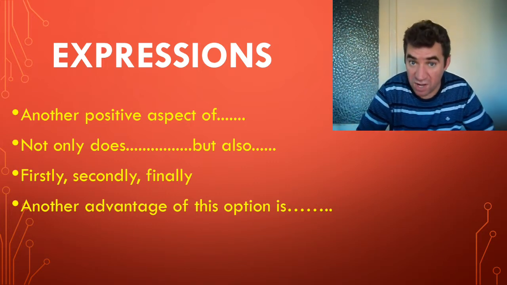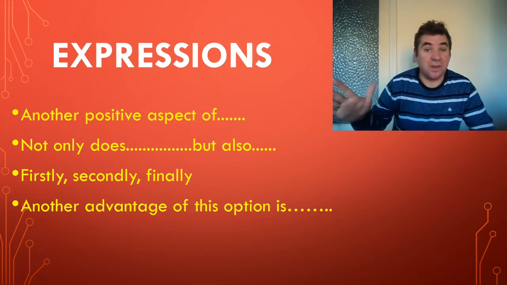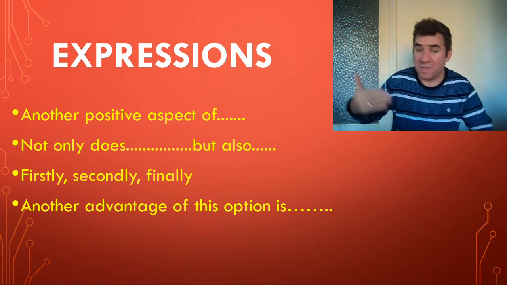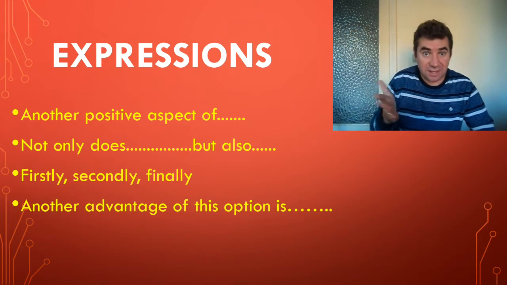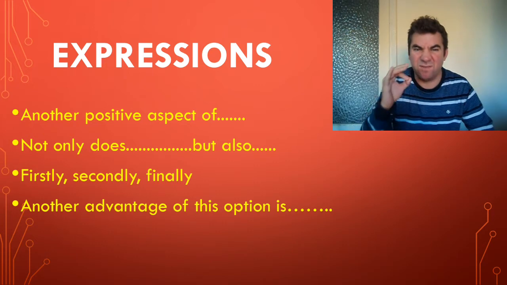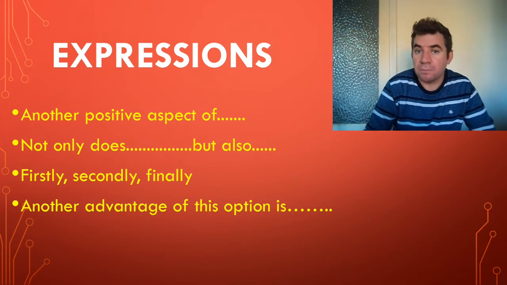Alright, very nice. Firstly, secondly, finally, standard. If you're using these words, this is the easiest way of telling your partner, firstly this, secondly that. You're basically saying to him or her, hello, I've just changed point. Alright, very nice. Another advantage of this option is, again, very easy.